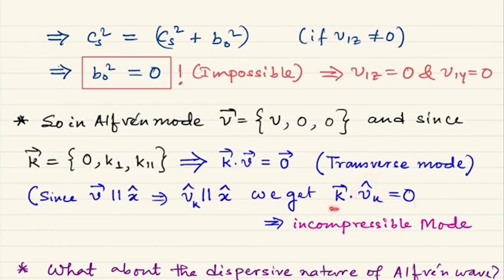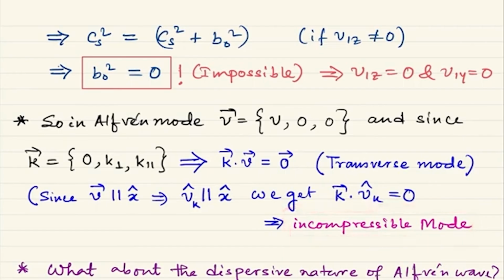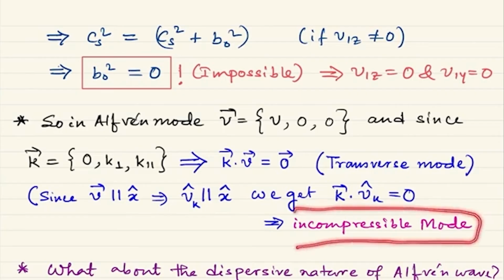This is nothing but the incompressibility condition, so this wave mode is also incompressible. That's why this wave mode appears as a totally decoupled mode from the other two modes in the compressible MHD. The nature of this mode is incompressible.